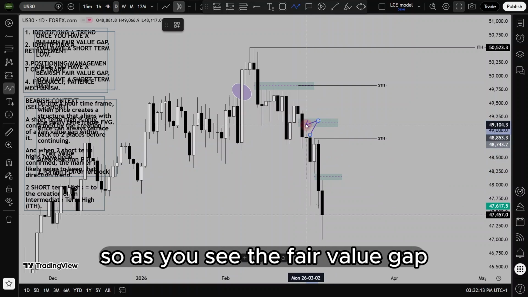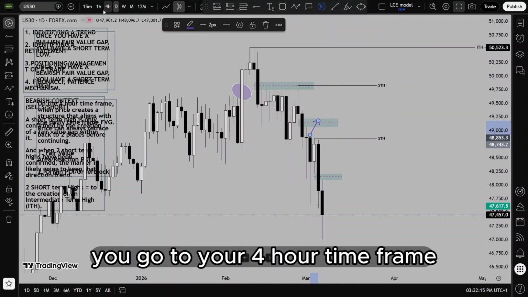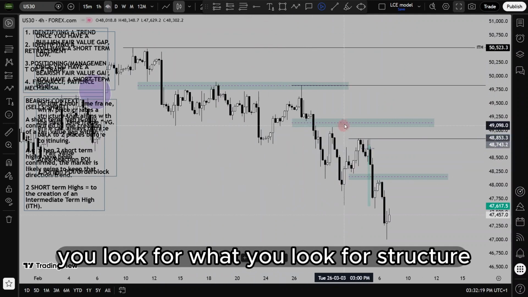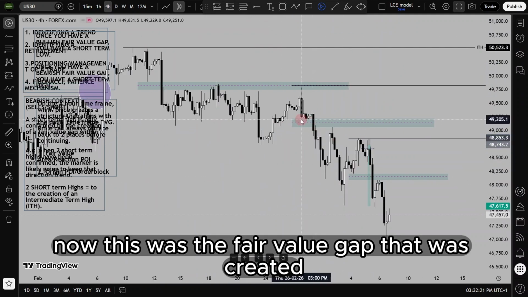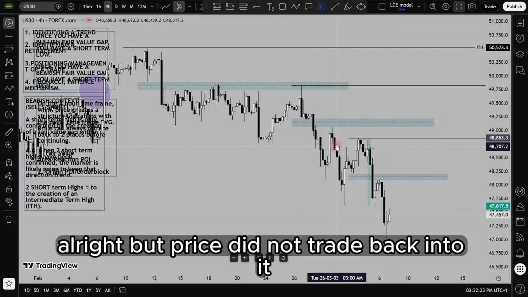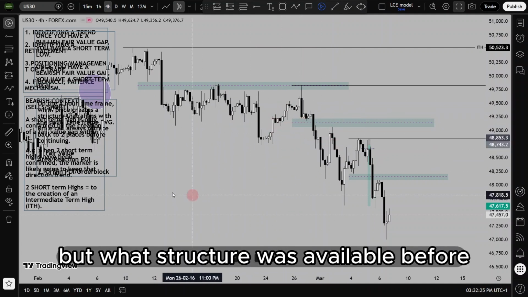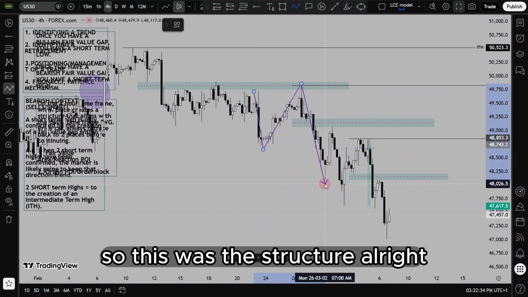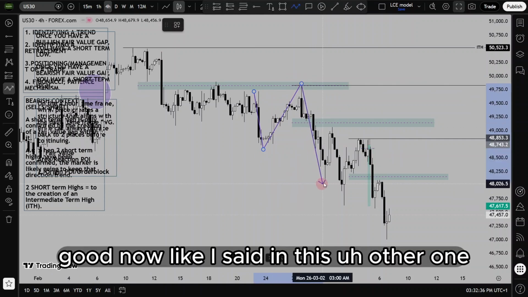So as you see the fair value gap, you go to your 4 hour time frame, you look for structure. Now this was the fair value gap that was created, but price did not trade back into it. But what structure was available before I was able to catch that sell? This was the structure. Good.